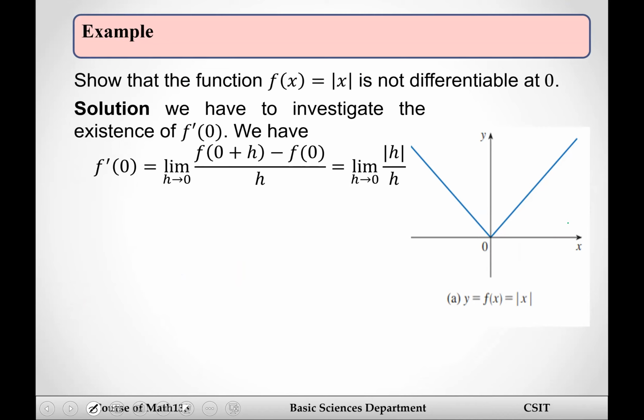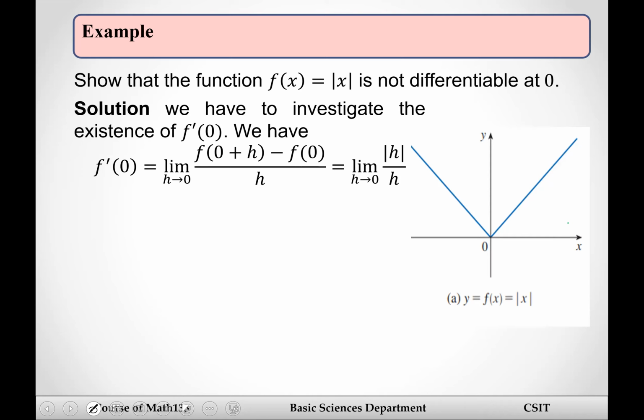So clearly we will have f not differentiable at the point 0 using the concept of the limit. So we see here that the definition is f prime of 0 equal to the limit as h approaches 0 of f of 0 plus h minus f of 0 over h.